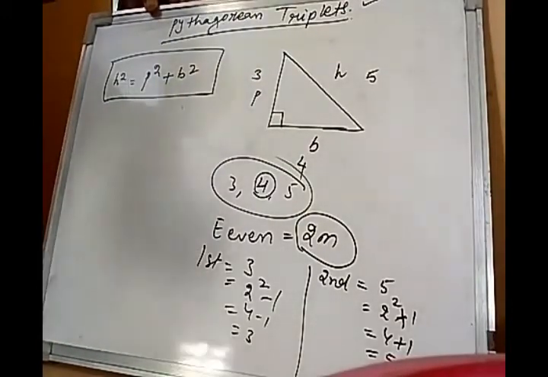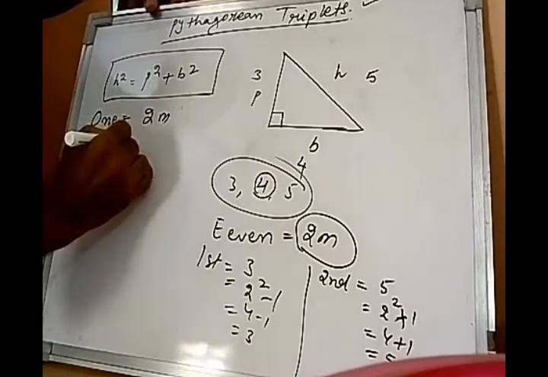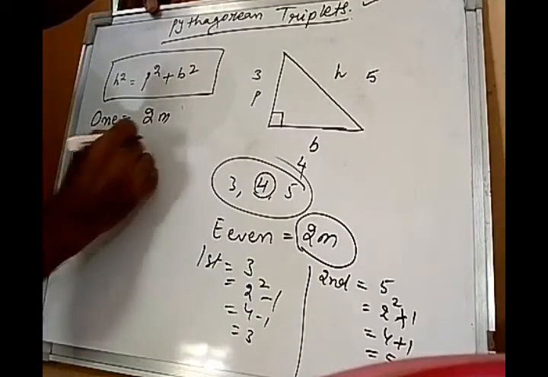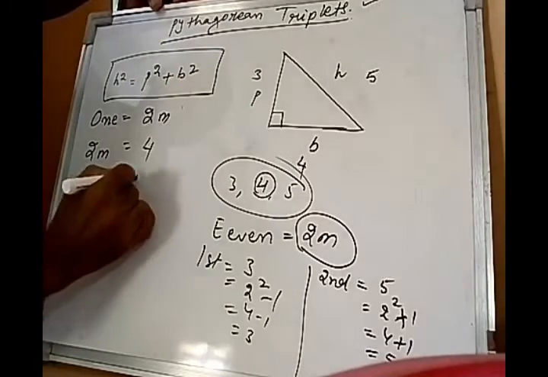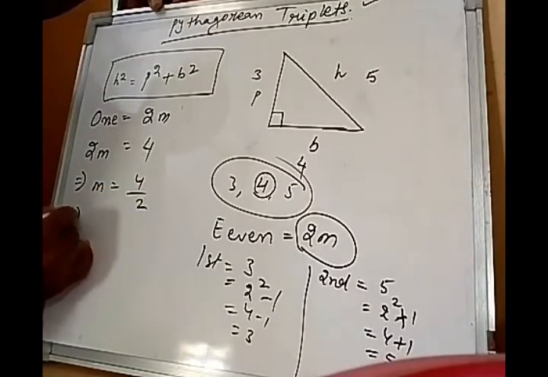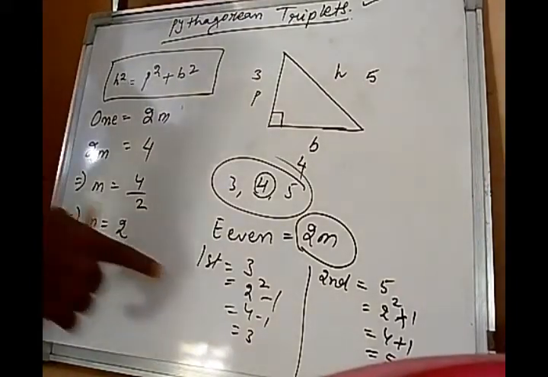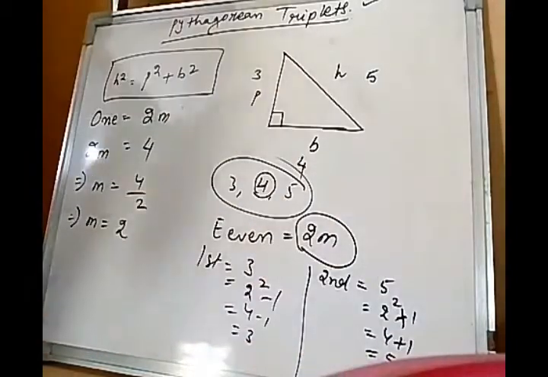Suppose one of the numbers equals 2m. So here the even number is 4. So we can take 2m equals 4, which implies m equals 4 upon 2, which implies m equals 2 here. So first number is 2 square minus 1, second number is 2 square plus 1.